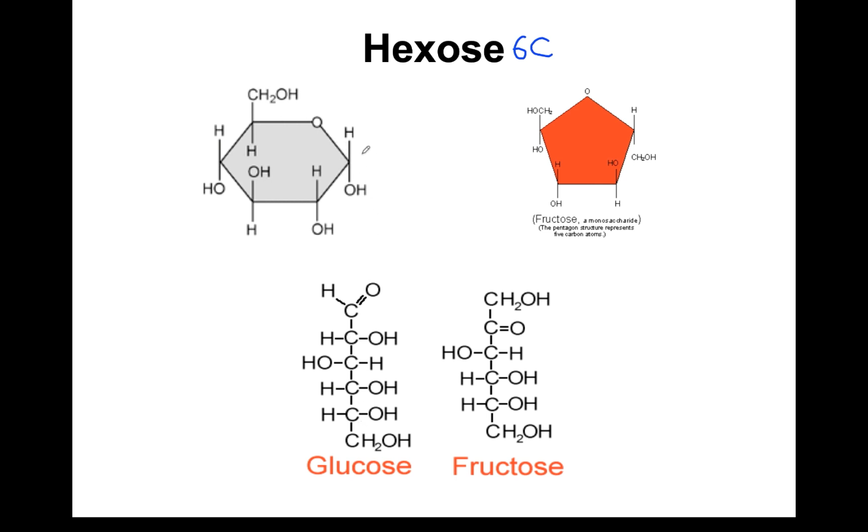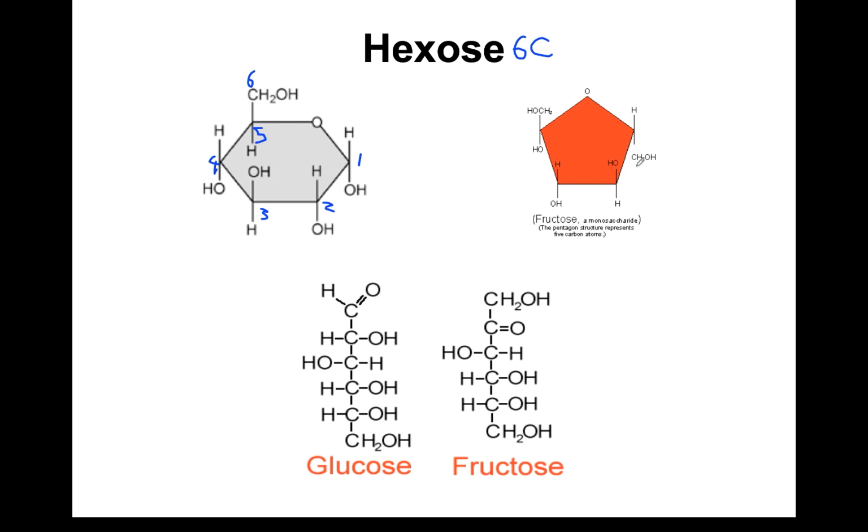When you look at carbon here, where the lines meet to form a corner, that is the location of a carbon. 1, 2, 3, 4, 5 here, and 1 more, 6. So the monosaccharide has 6 carbons, which is called hexose.